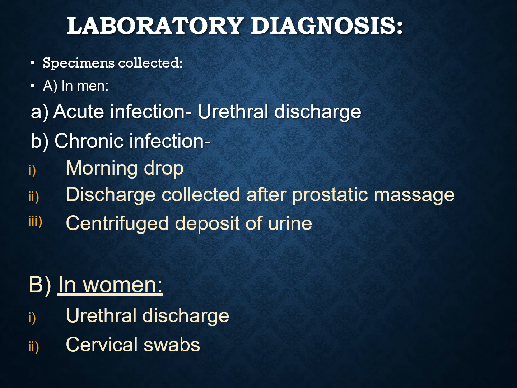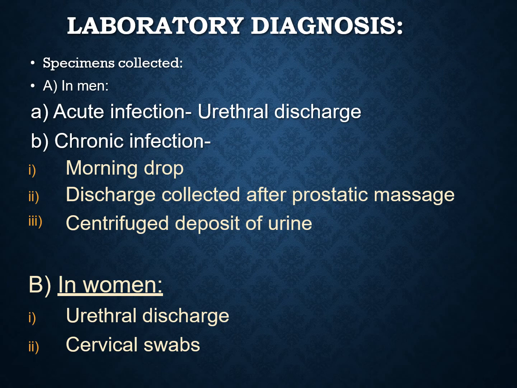Laboratory diagnosis is important in any kind of infection. For each and every disease, the sample collection, that is the specimens, will vary. In gonorrheal disease, the sample collection is different for men and women.